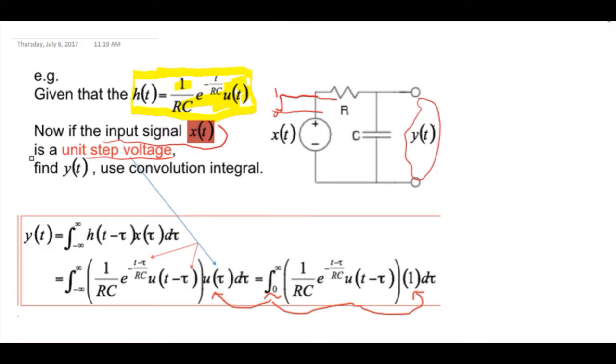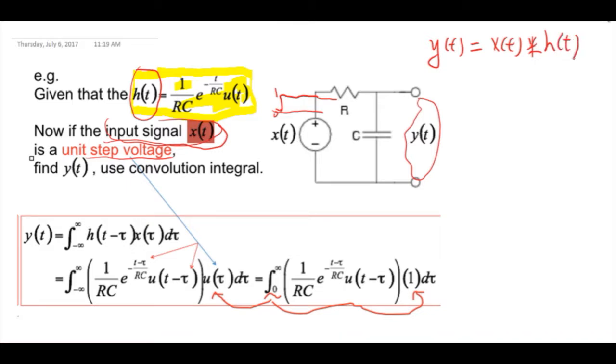When we solve this problem from the signals and systems perspective, we don't need to bother about the circuit. We're simply concerned about the impulse response and the input signal. Recall that the output is equal to the input signal x(t) convolved with the impulse response.